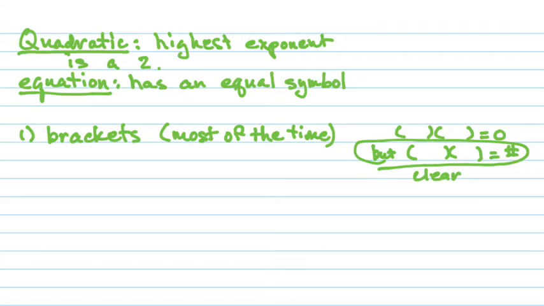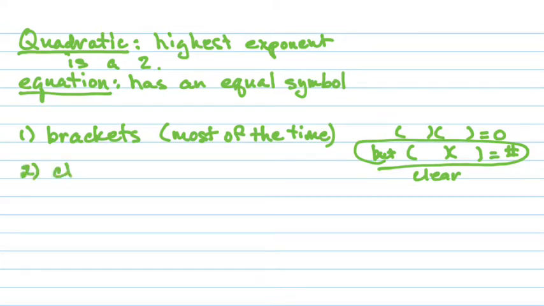Is that like a general rule for quadratics? Yeah. Or anything bigger. Anything that you would generally solve by using factoring. Yes. So if you see it equals 0 in its brackets, that means they've done half the work for you. You're good to go. But if it doesn't equal 0 and you have brackets, that means you have to clear the brackets first. Yes. Absolutely. It's going to be the same for any higher degree equation.